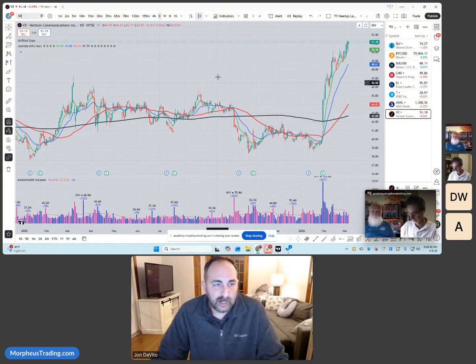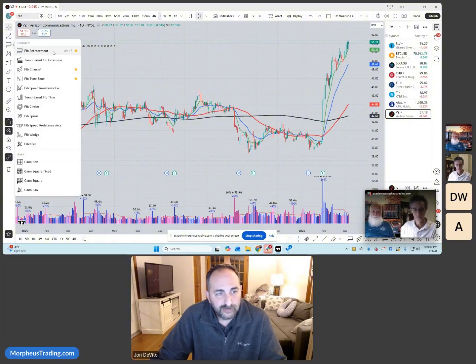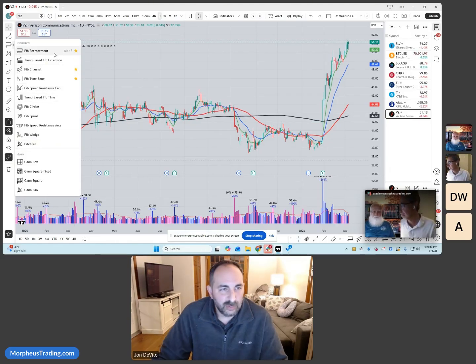So in TradingView, you will find Fibonacci on the left-hand side, third icon from the top. I don't use most of the things in here. The ones I use are the Fib retracement, the Fib channel, and the Fib time zone. The last two, the Fib channel and the Fib time zone, I almost never use.